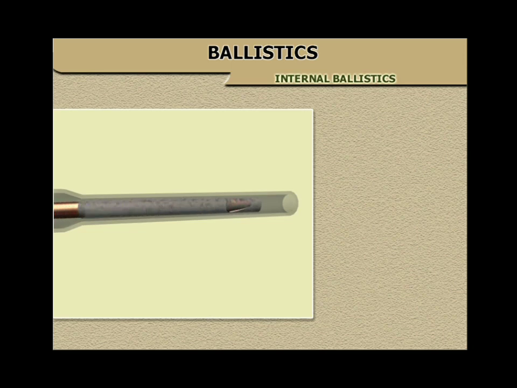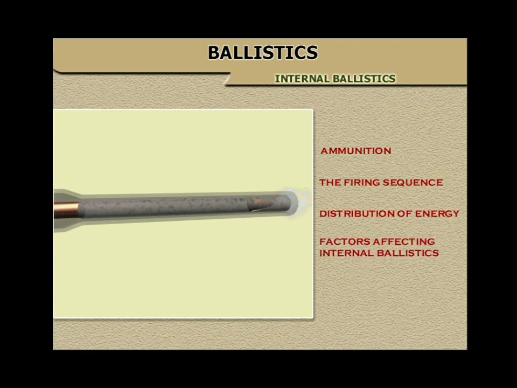The history of internal ballistics began with the use of gunpowder dating back to 1320 AD. The study of internal ballistics can be further subdivided into the study of ammunition, the firing sequence, the distribution of energy, and the factors affecting internal ballistics.